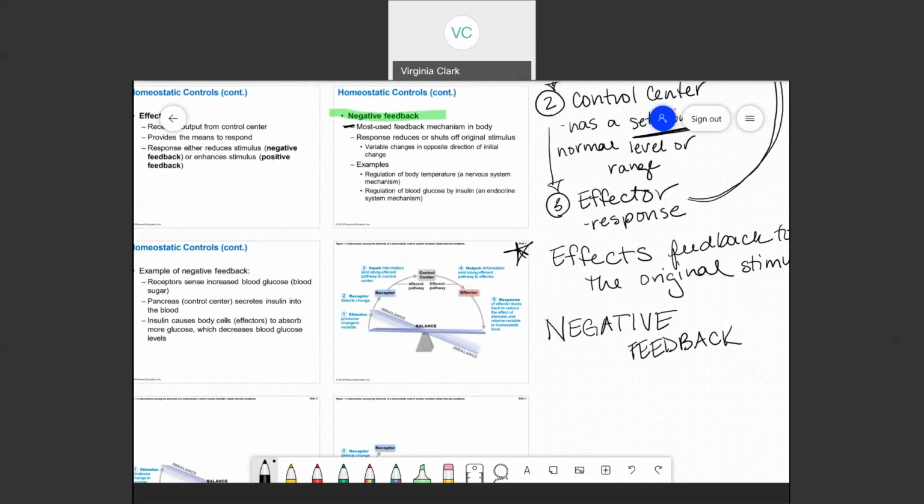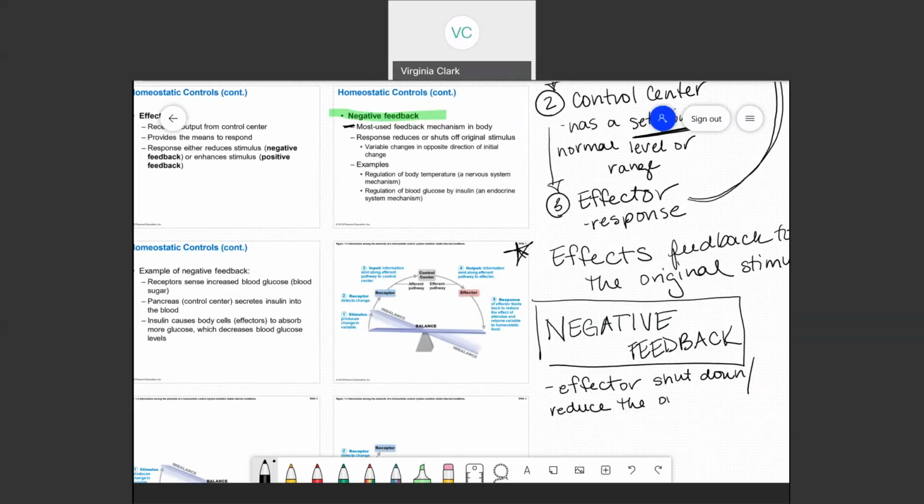The reason it's called negative is because the effector, what it is responsible for doing, will actually shut down or reduce the original effect, or the original stimulus.